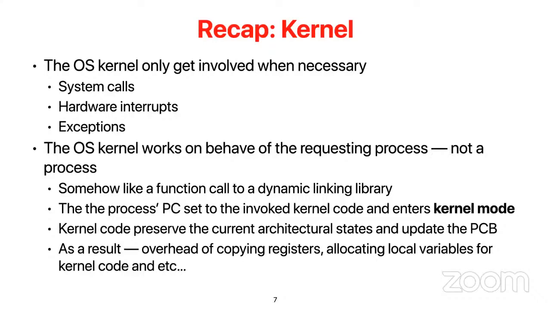And the kernel code will preserve the current architectural state and update the PCB, the process control block. As a result, whenever you call the kernel, you will have overhead. That's why we say the kernel should be executed as little as possible, because whenever you execute the kernel, you start slowing down your program.